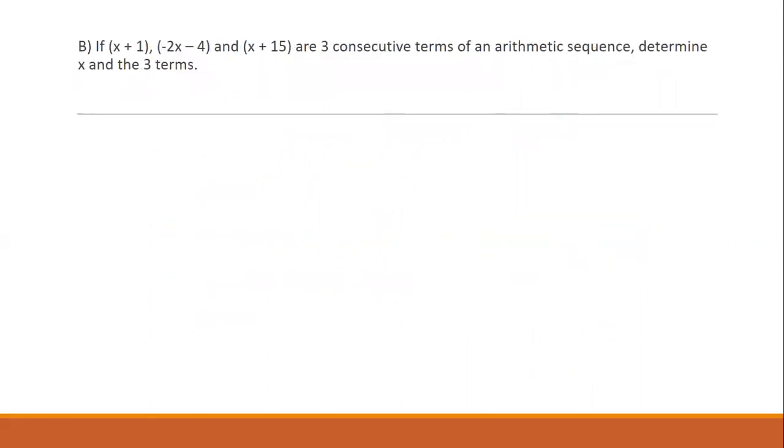Question B, if x plus 1, -2x minus 4, and x plus 15 are three consecutive terms of an arithmetic sequence, we're asked to determine x and the three terms. So by definition, again, an arithmetic sequence has the same common difference, right?